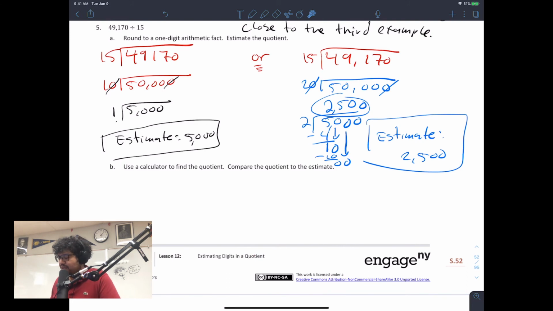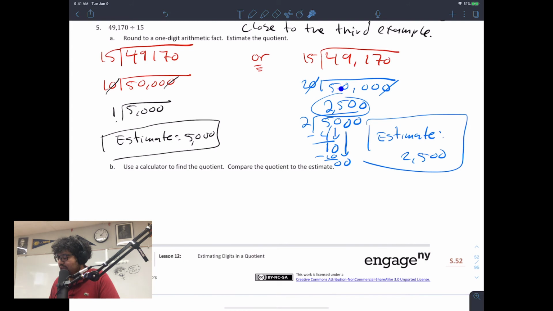But my actual division is 49,170 divided by 15. This 15, we rounded up to 20 in this example, but on the left side, we went down to 10. The 49,170, we kept it at 50,000 on both sides. We could have actually come down and called it a 40,000.